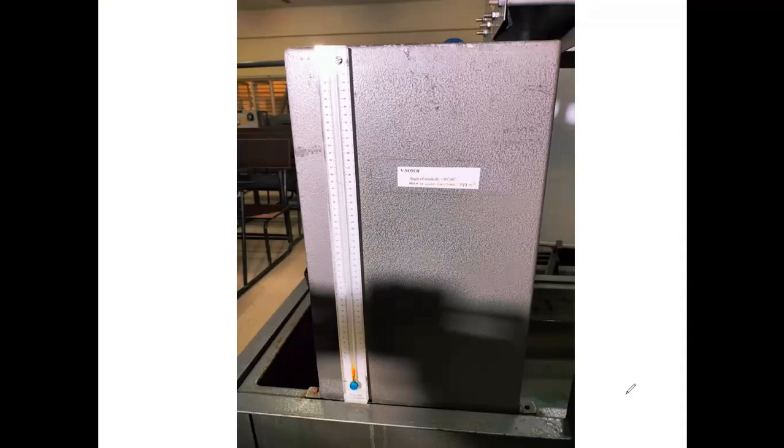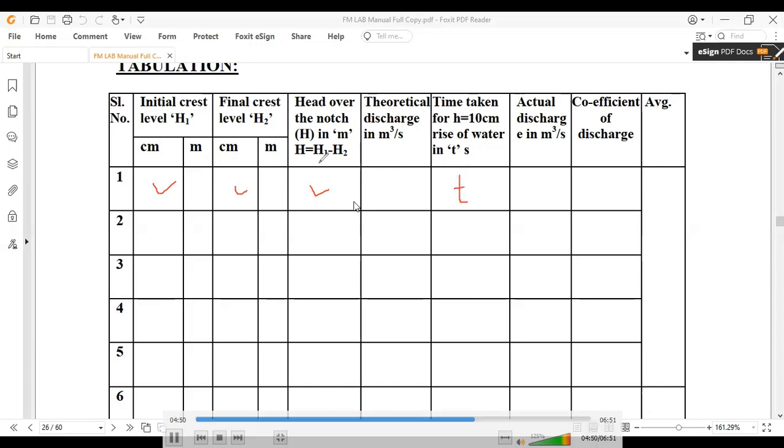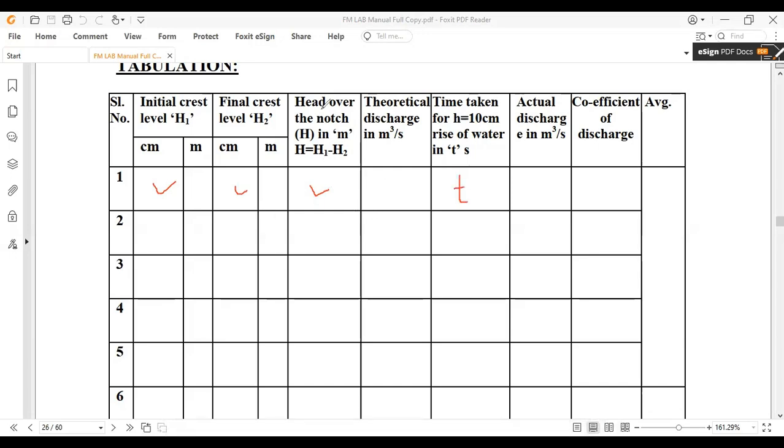So we take the initial reading as well as the final reading. The difference is the head over the notch, and for a 10 centimeter rise of water, the time taken is measured by the stopwatch in t seconds. So using this, we can do the calculation. Very simple calculation.